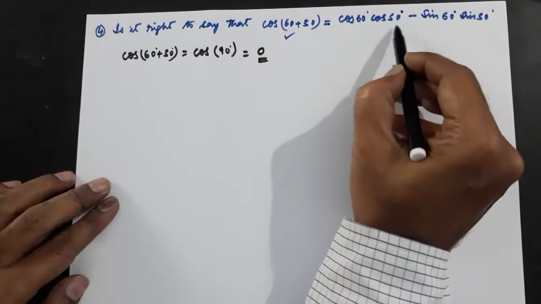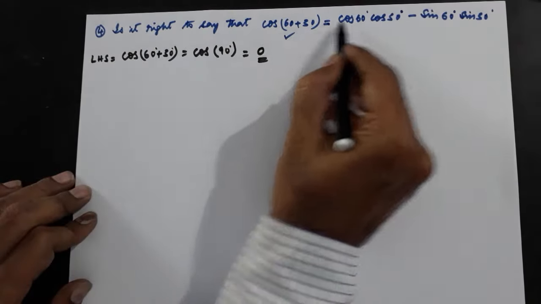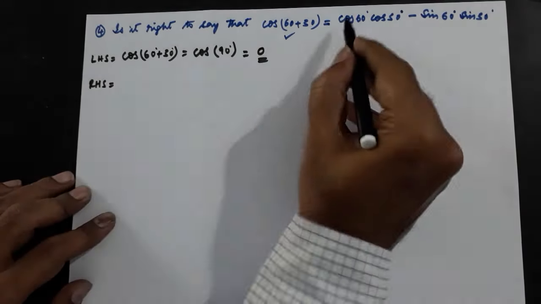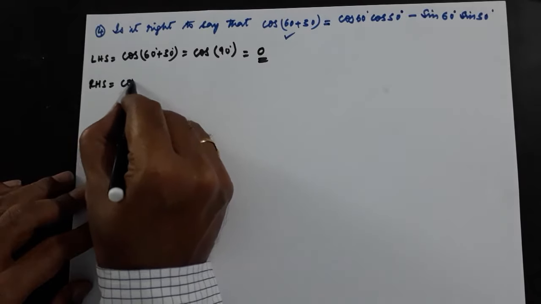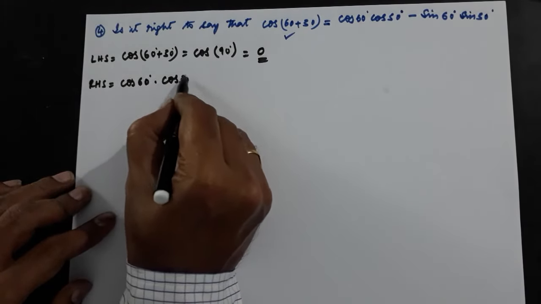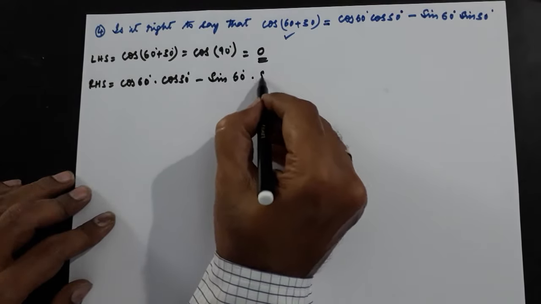Then we'll take the right hand side. This is the left hand side. So we have taken this left hand side. This right hand side is cos 60 into cos 30 minus sin 60 into sin 30.